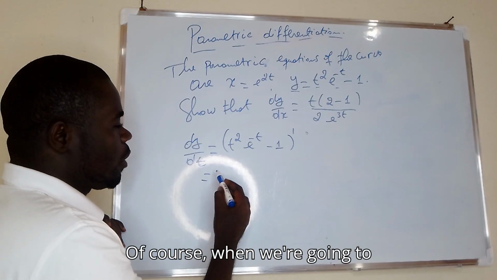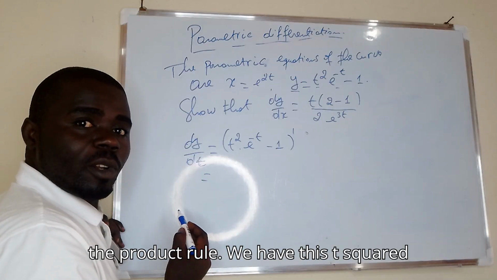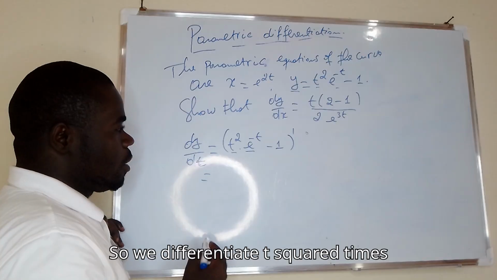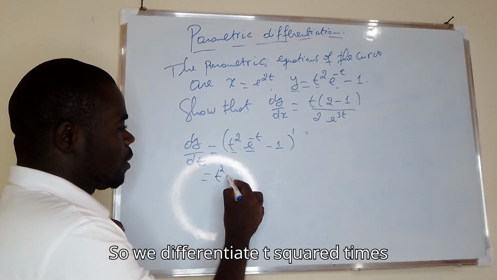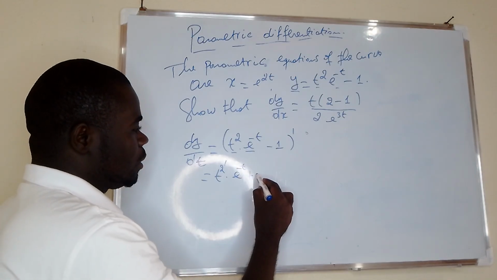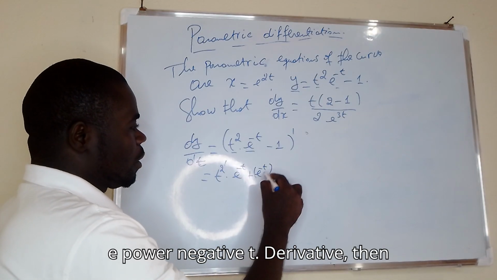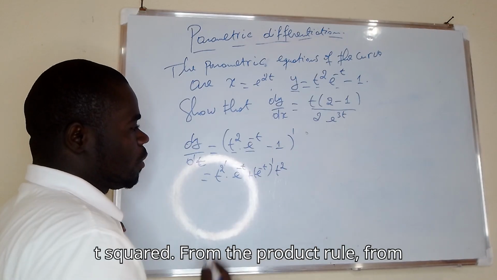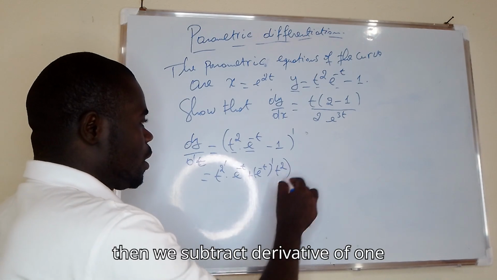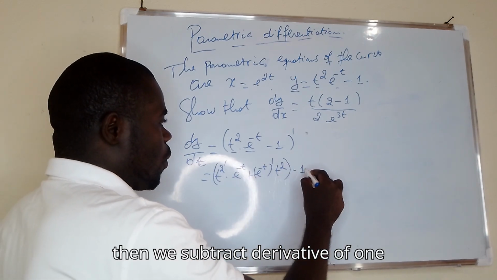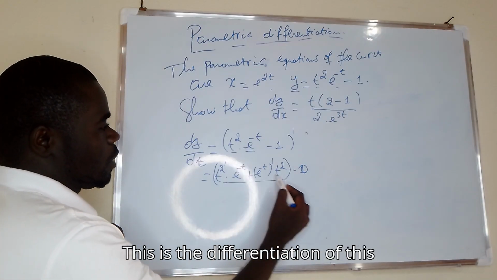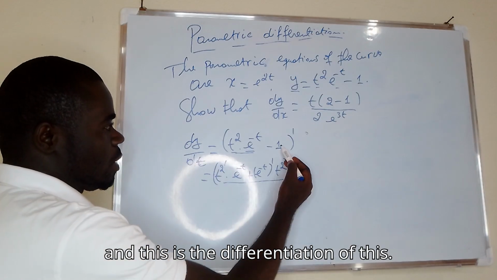When we differentiate this, we see that we have the product rule. You have this t², you have this e^(−t). So we differentiate t² times e^(−t), we add e^(−t) times the derivative of t², from the product rule of differentiation. Then we subtract the derivative of 1, which is 0.